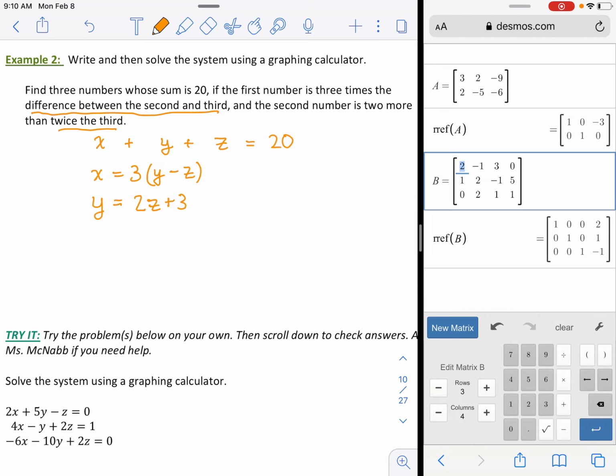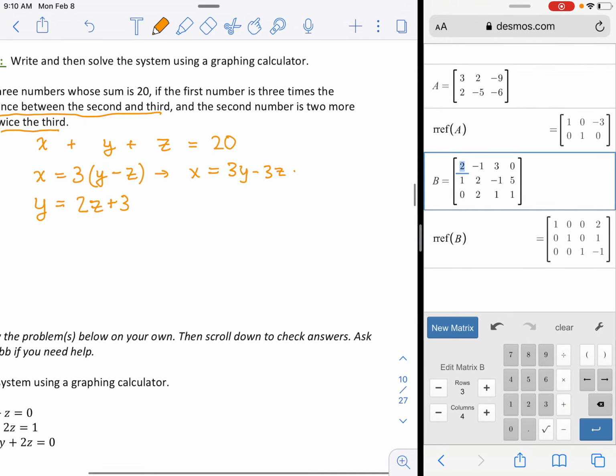I need to do some simplifying here and put these into a form where they are ready to type in. So let me multiply my 3 in here and distribute. Then I want my constants on one side and my variables on the other. So I'm going to subtract 3y, add 3z over, leaving me 0 on the right-hand side.